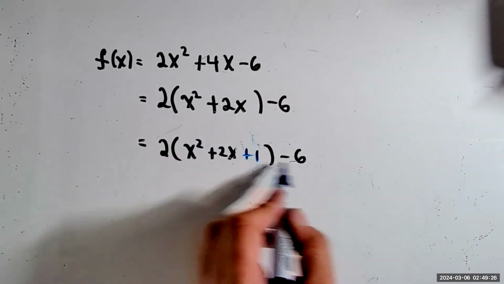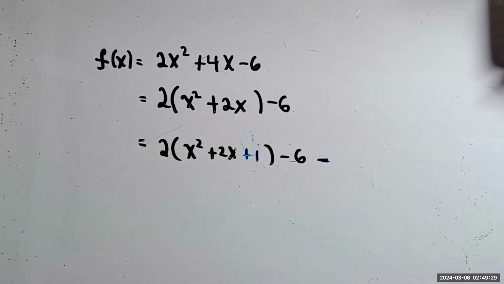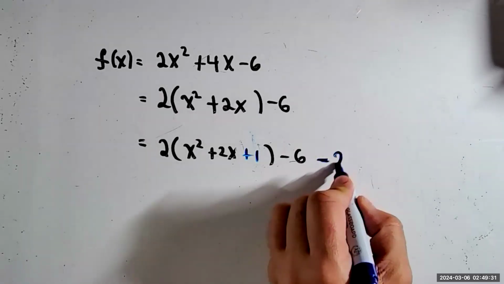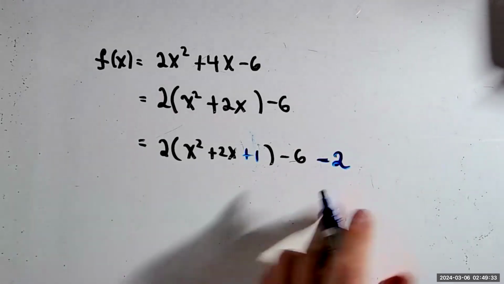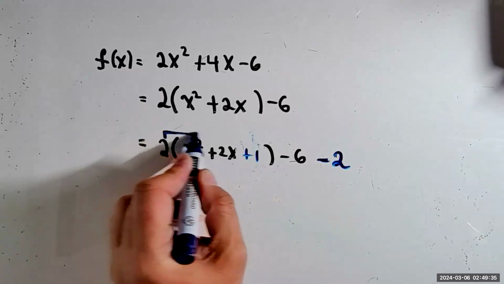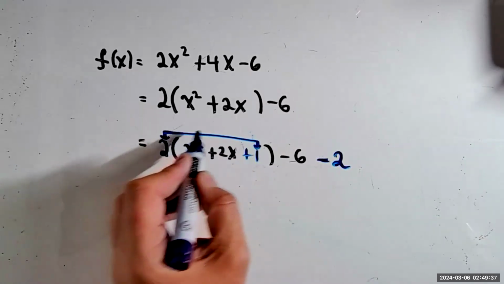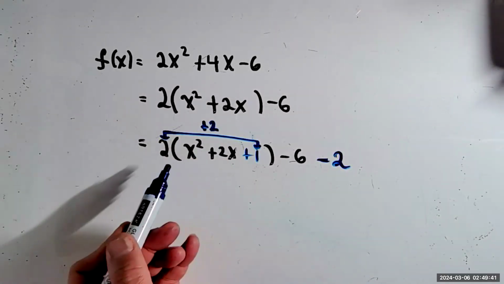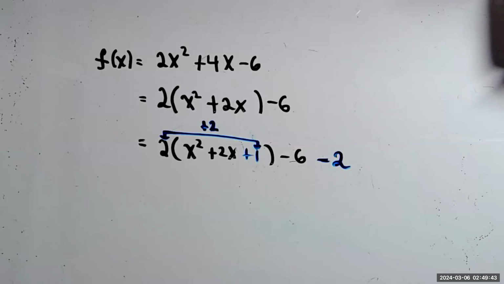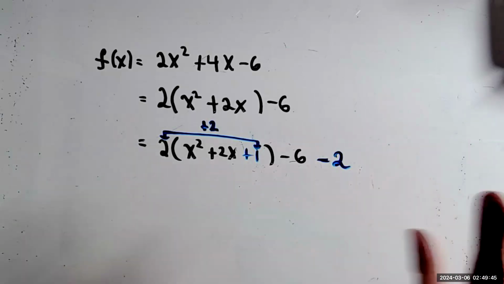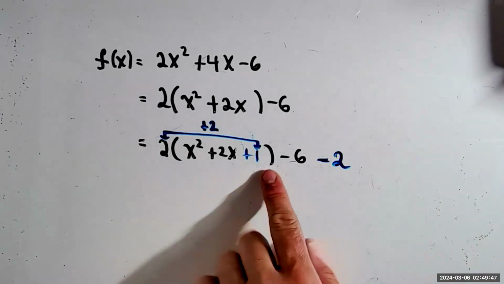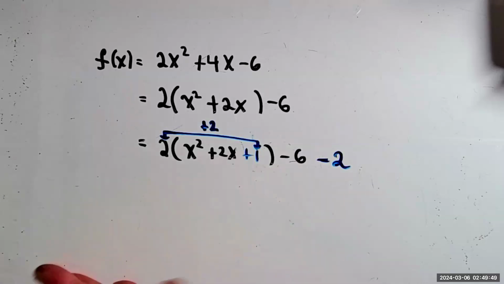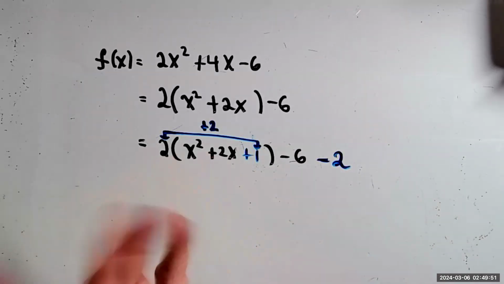If I added 1, I need to subtract something here. But be careful, here we need to subtract 2. Why 2? Because this one is being multiplied by 2. So what we are doing is actually adding 2. If I add 2, I take 2 away. The video that you have in your book is kind of weird. They add and subtract inside and they pull it out. I like to do it like this.